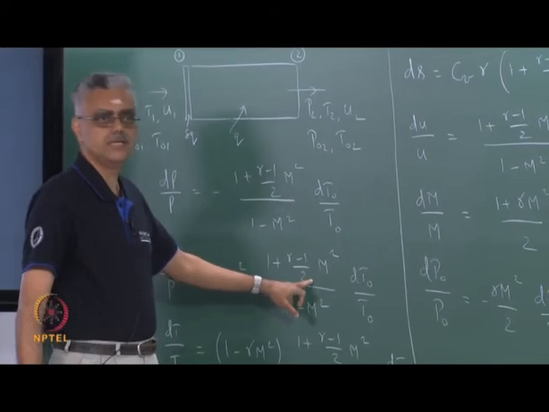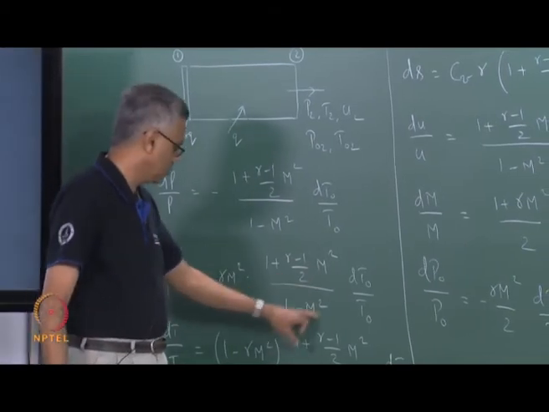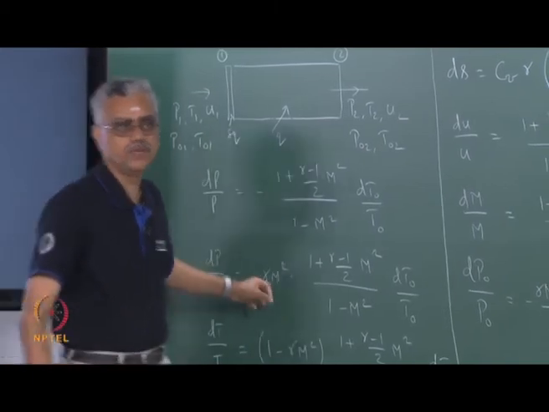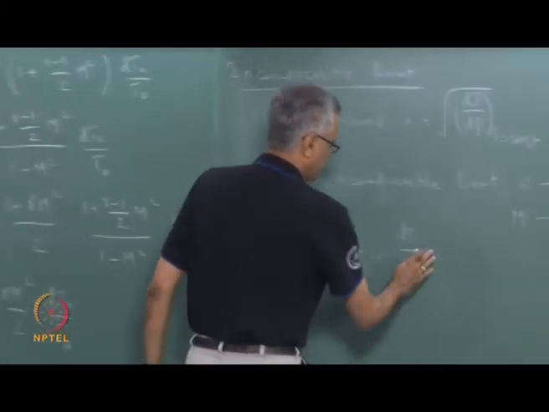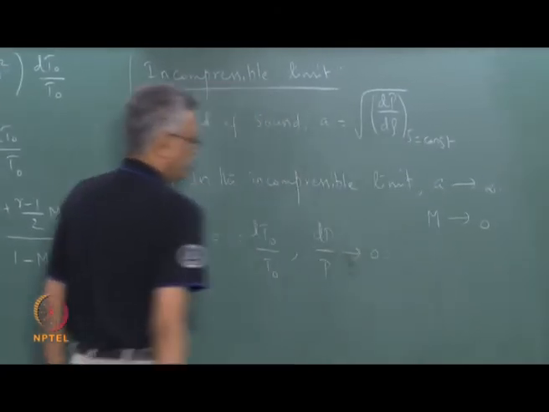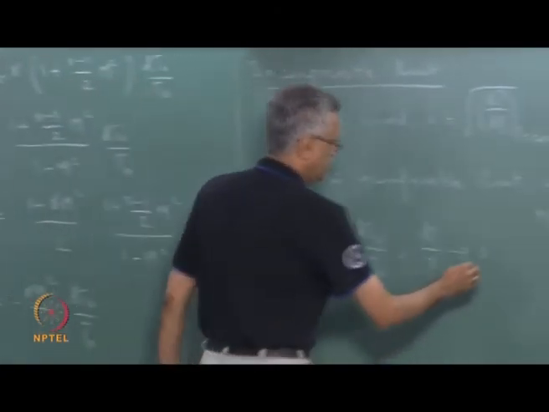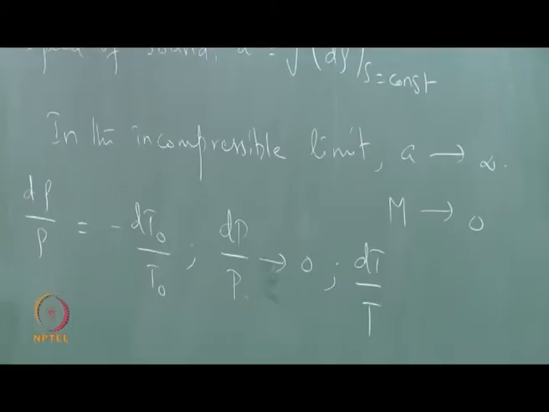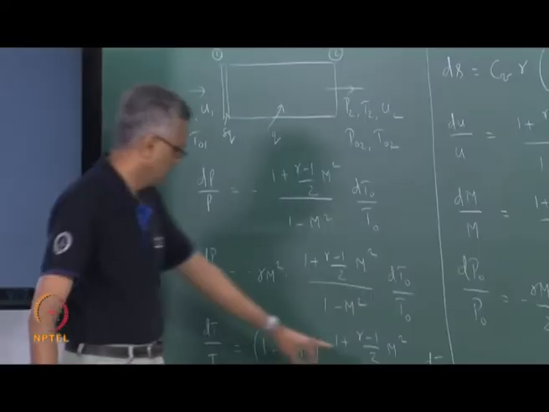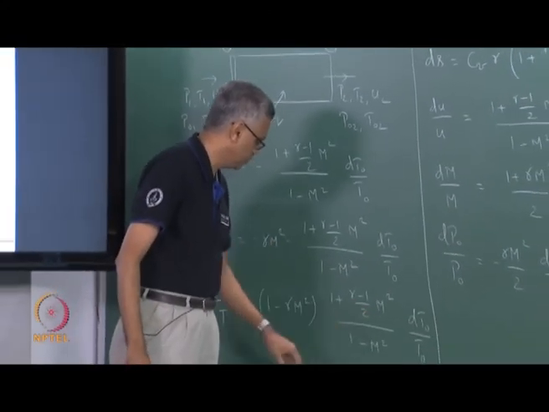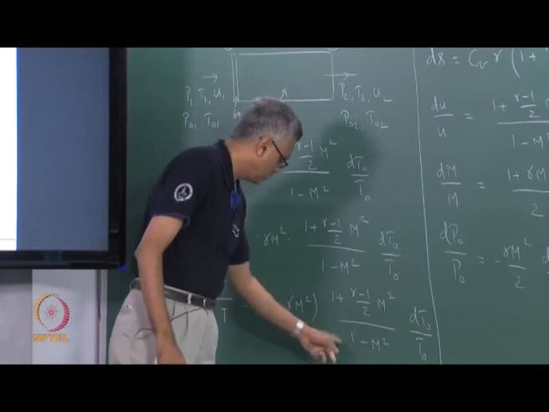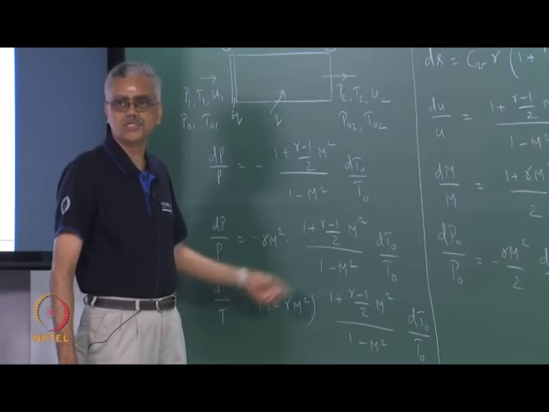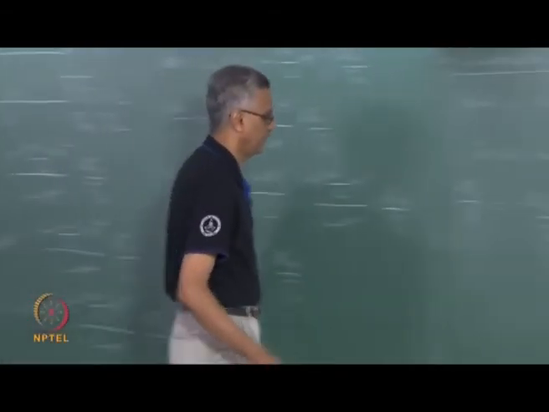This quantity, as M goes to 0, goes to 1, this also goes to 1, but notice that this goes to 0. So dP tends to 0 as M goes to 0. And what about dT over T? dT over T is given over here. This term goes to 1, this term also goes to 1, and this term also goes to 1. So dT over T is dT naught over T naught.